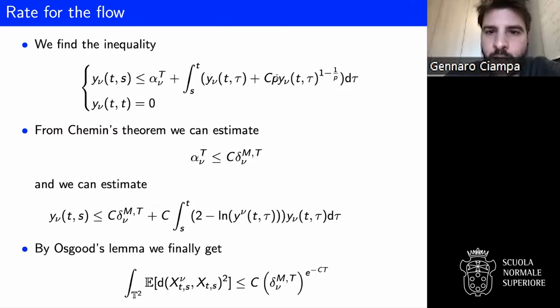And then you are free to choose P as big as you want. And since this y nu, okay, this is a subscript, not a superscript, you choose P to be 2 minus log of y. And by using Osgood's lemma, in the end, what you get is this double exponential for the convergence of the flow.